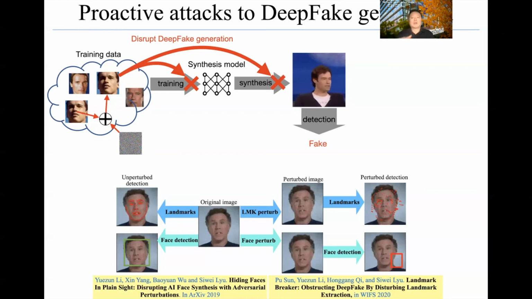And when they are downloaded and used for training models or generating deepfakes, this adversarial noise will take effect and essentially break those processes. So this is what we mean by proactive attacks to deepfake generation and training.